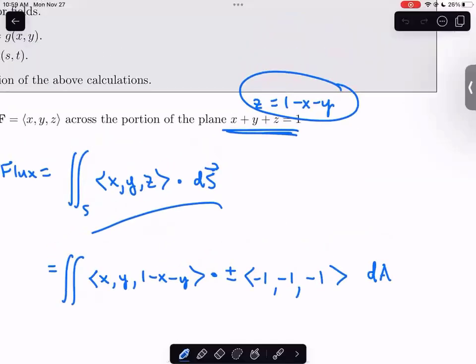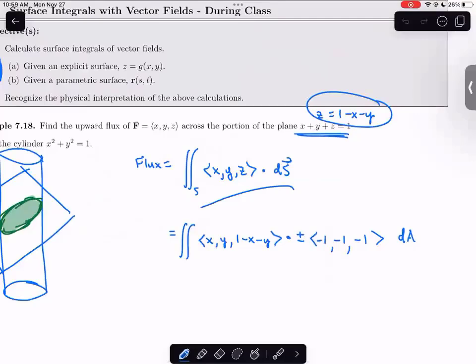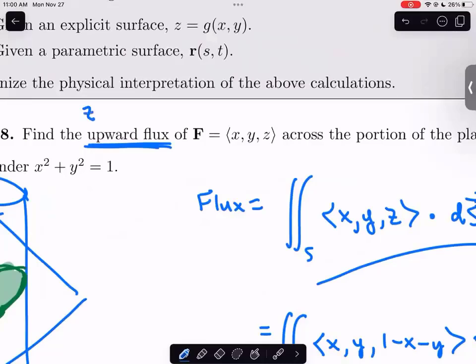All right. Well, in our case, we could think about this now. We could also think about it later. But this one's not so bad. So we'll think about it now. In this case, it says that we're interested in calculating out the upward flux. So when we're in 3 dimensions, x's, y's, and z's, right? Upward means that we have a positive z component.